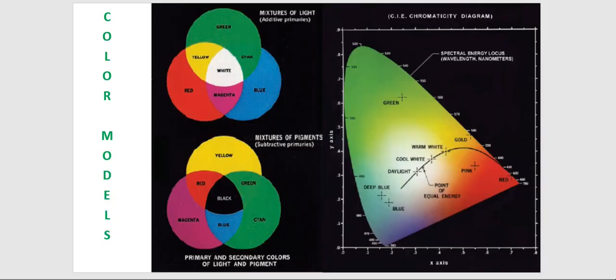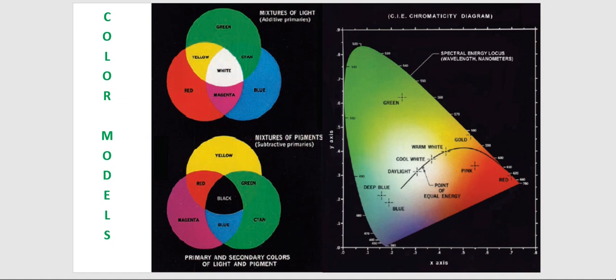So in today's topic, we will discuss colors and how colors are represented, and understand what color models are, what the different types of color models are, and how you change from one particular color model to a different model. Colors in digital image processing are represented as a combination of three fundamental or primitive colors: red, green, and blue.